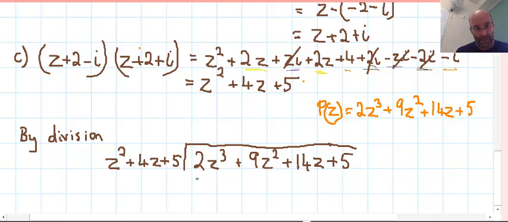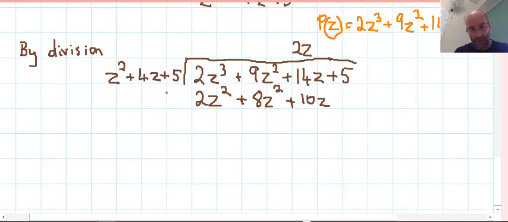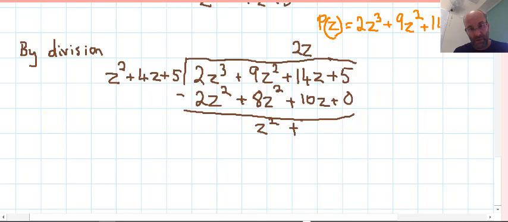to get from z squared to 2z cubed, we need to multiply by 2z, and multiplying everything else by 2z we get 8z squared and 10z there. Subtracting, we get z squared plus 4z plus 5.